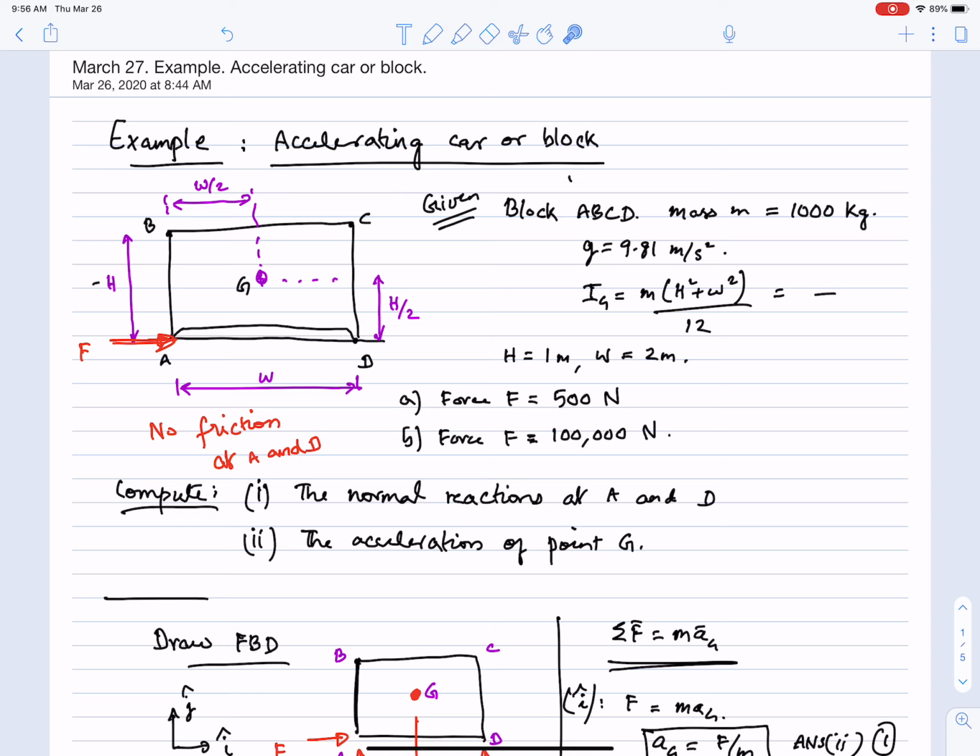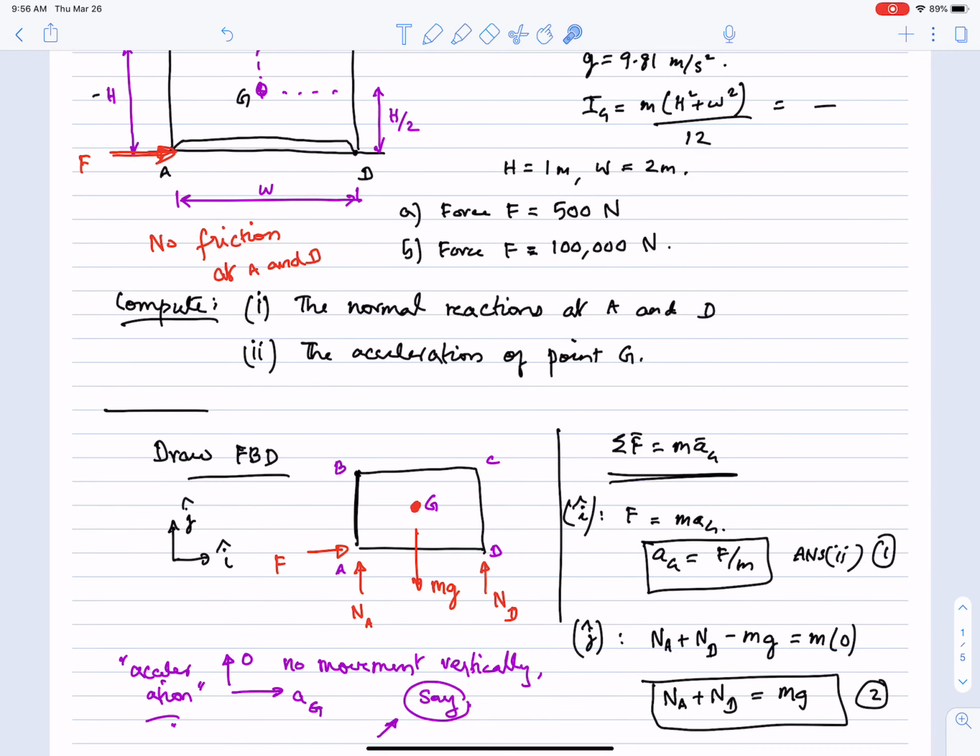Just imagine someone pushing a block with a very large force at A. Of course, you can modify the problem to include friction, and you're just going to have friction forces here. If you do have friction, then you can assume that the friction is equal to mu times N_A or mu times N_D, because those points are slipping.